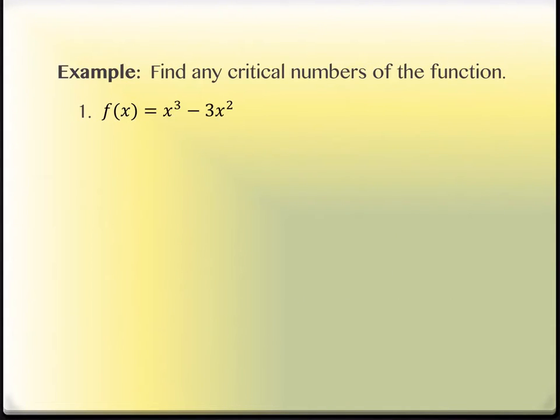This one just asks us to find the critical numbers. So, critical numbers. Whenever it tells you something about critical numbers, what is it asking you to do? Take the derivative. So that's our first step. What is the derivative of x cubed minus 3x squared?